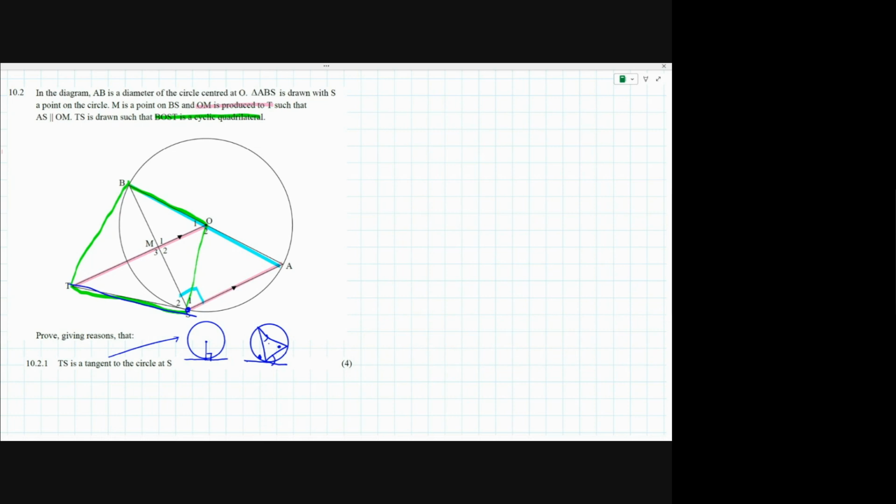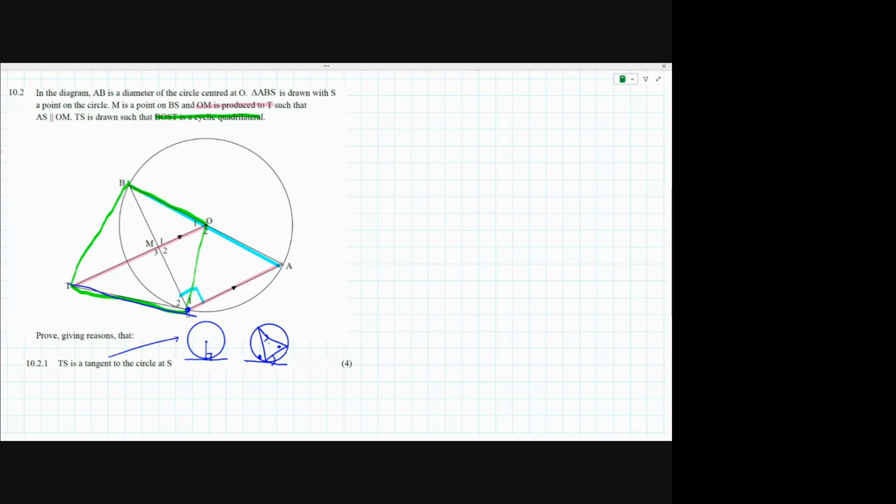Now, in deciding which of these methods to use, look very carefully at what information you have. What I mean by that is we don't have a radius drawn. Obviously, we've got OB and OA, and that's fine, but OB and OA have no connection to that point S, that point of contact. So that's a little bit tricky for me. I've got the line OS as part of my cyclic quad, but that wasn't drawn in.